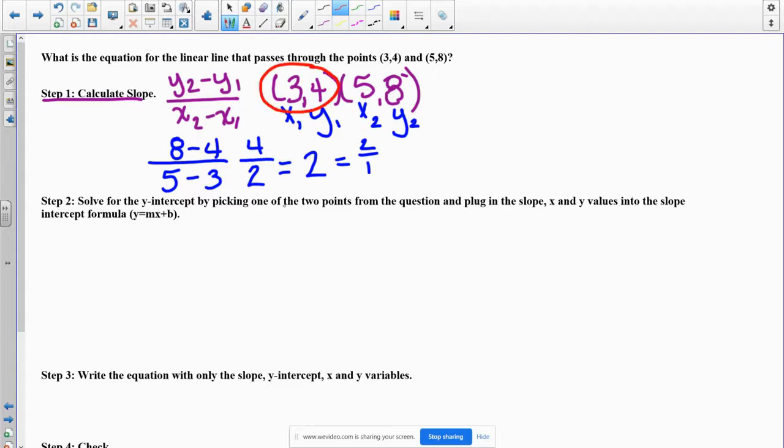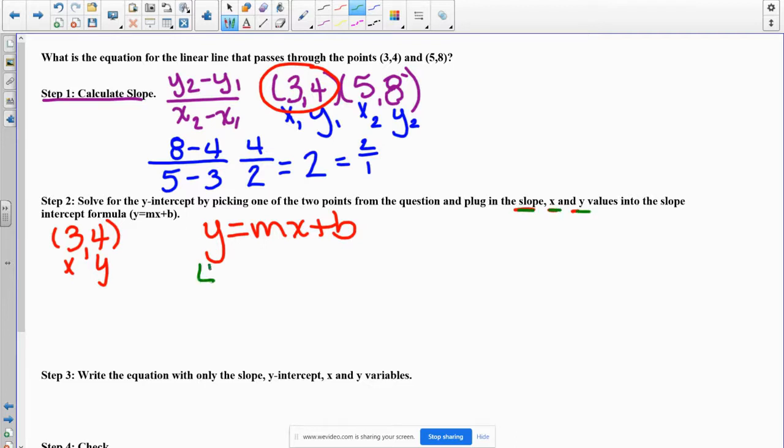So I pick the point 3, 4, and then I'm going to plug in the slope from step 1, the y and x values that I just picked. So I have 3, 4, this is my x, my y. So I'm going to take the equation y equals mx plus b, which we've practiced in the last functions. And so we're going to actually plug in that value of y, the slope, and x values.